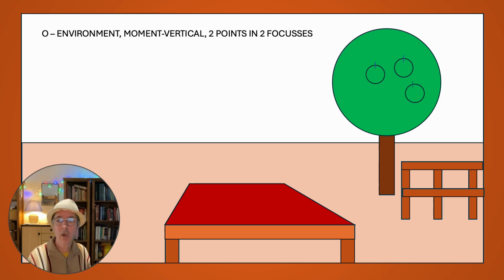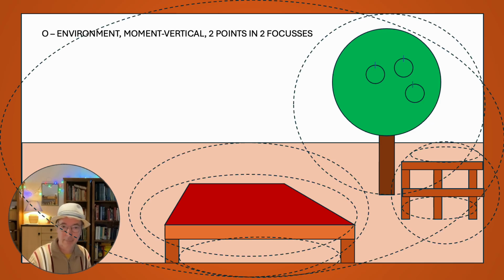So where can the O be in this image? Everywhere around the table, even under the table, on top of the table, around areas that I can pick out that make a difference. That's why there are 2 points in focus. I have the object, and beyond that object, around that object, that's the O. There you can recognize all the O places.